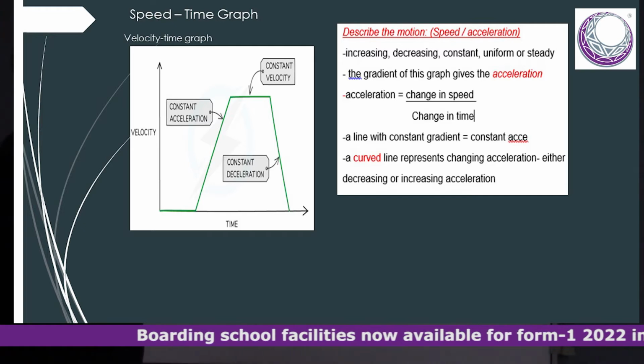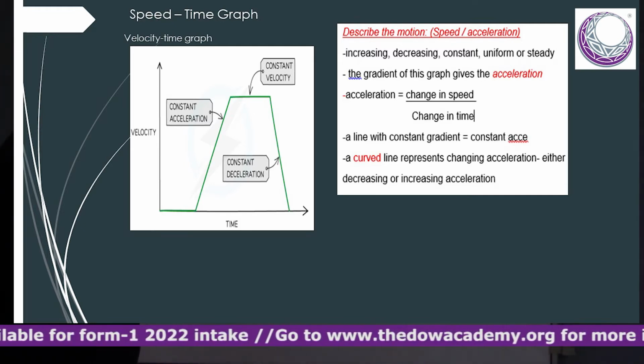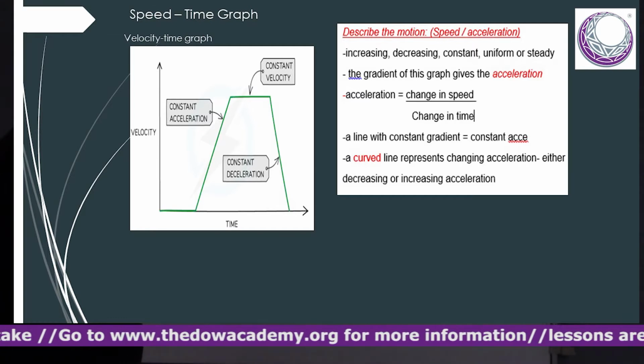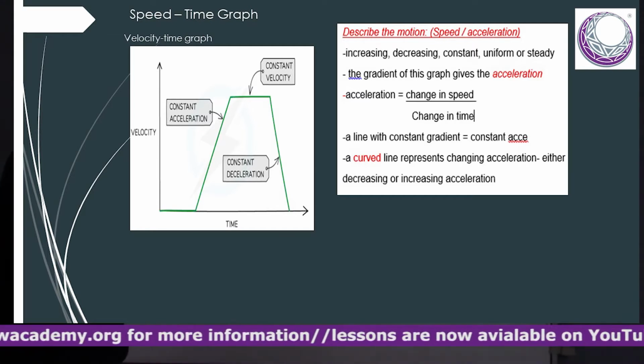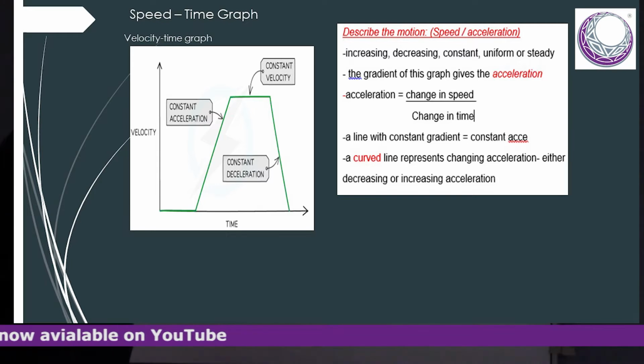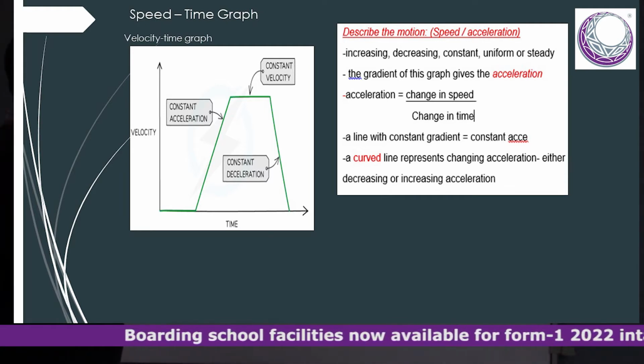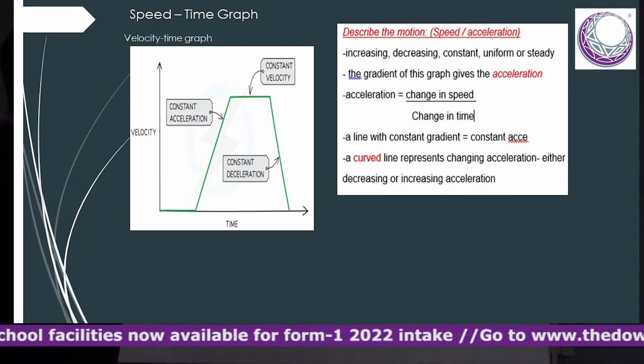We are going to start by looking at a speed time graph, also called a velocity time graph. So in the exam, the question is on motion and there's a graph. You need to first of all identify what type of graph you are using. Is it a speed or velocity time graph? You look at the axes, the x-axis and the y-axis.